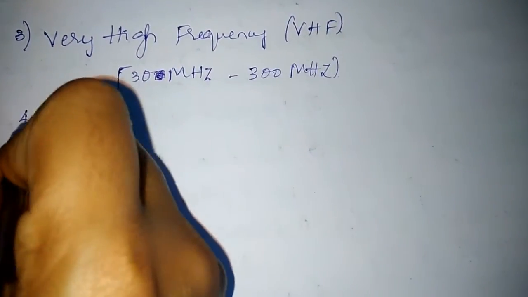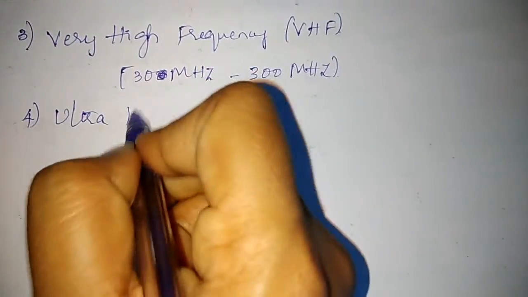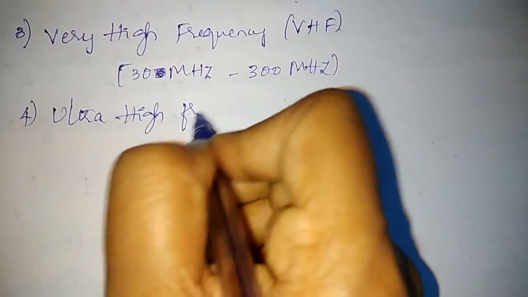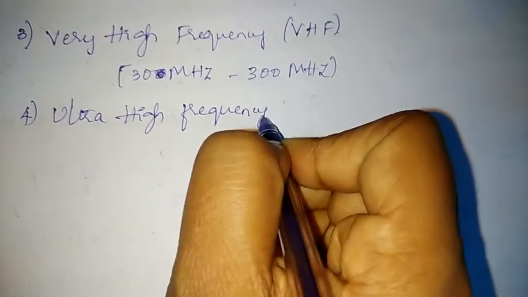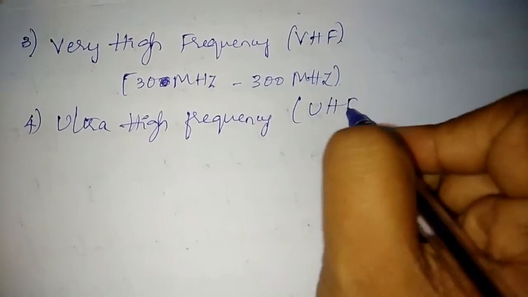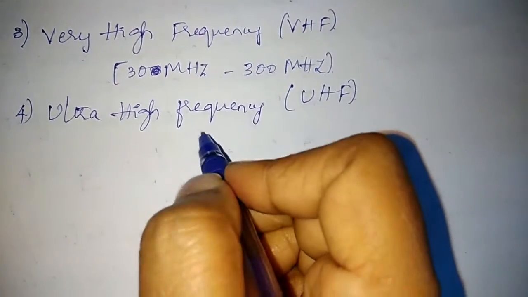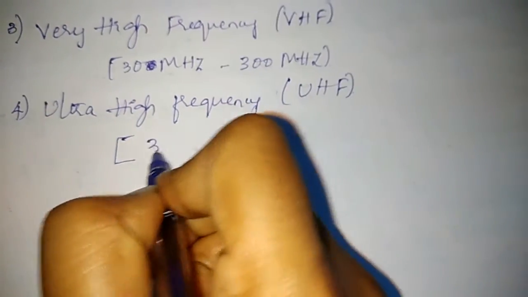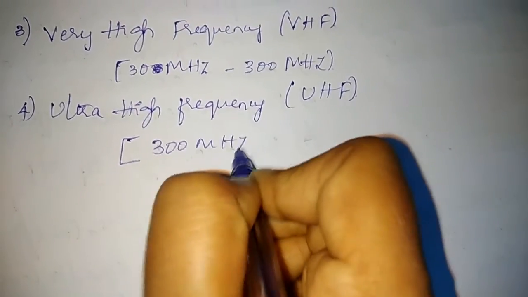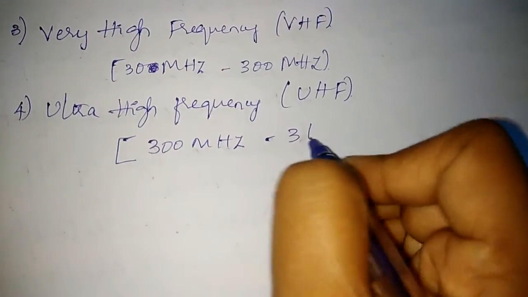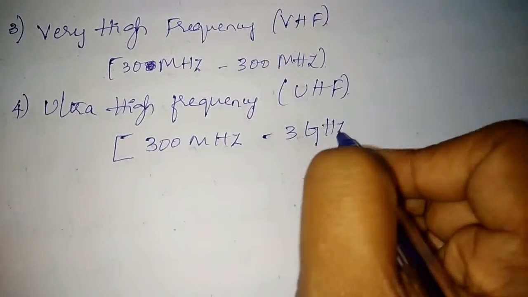The next we have is ultra high frequency, called UHF. What is the range of this? It is from 300 megahertz to 3 gigahertz.